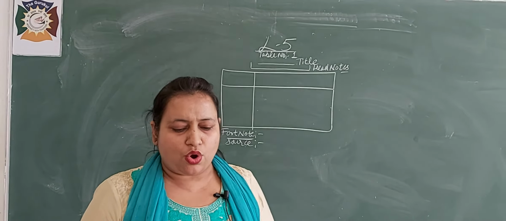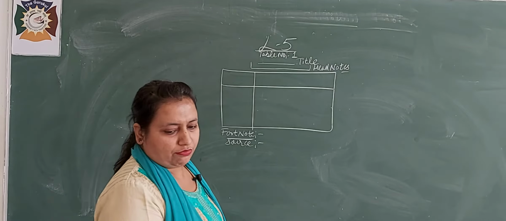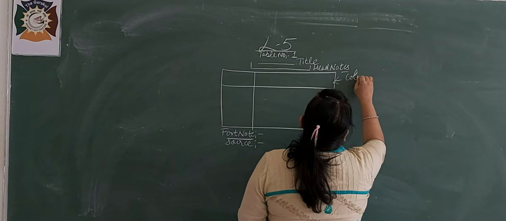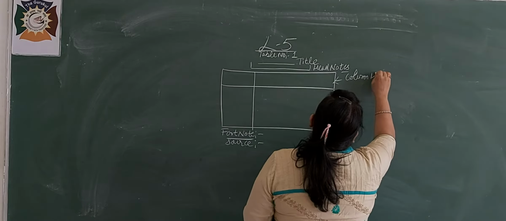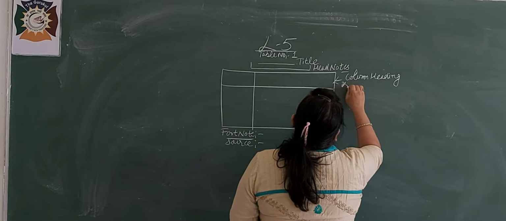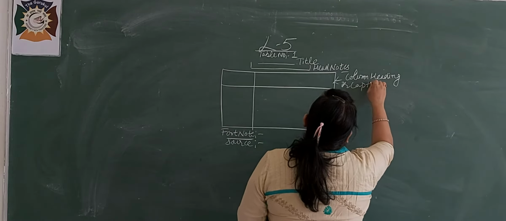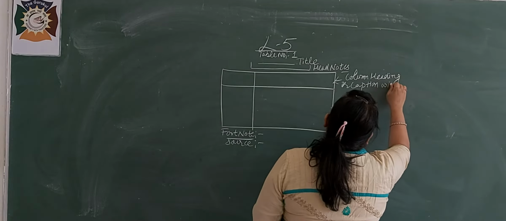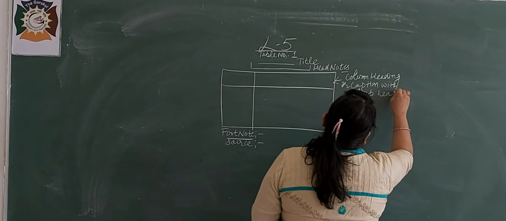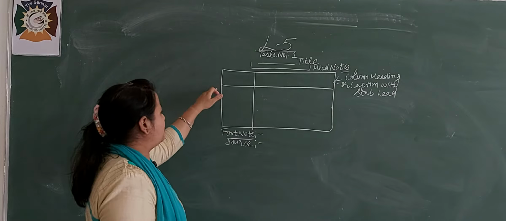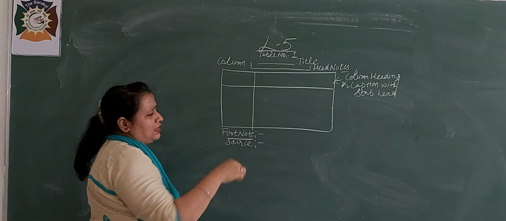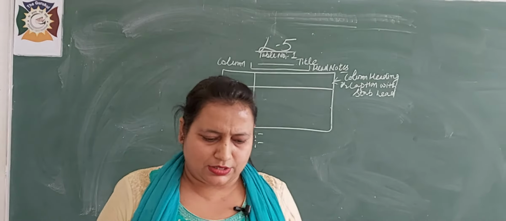Now I am telling you column heading or caption with stub head. This is the column heading or caption, with the stub head. Stub head I told you, and this is the column.